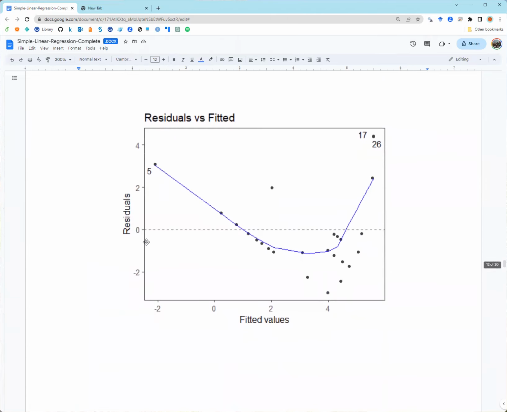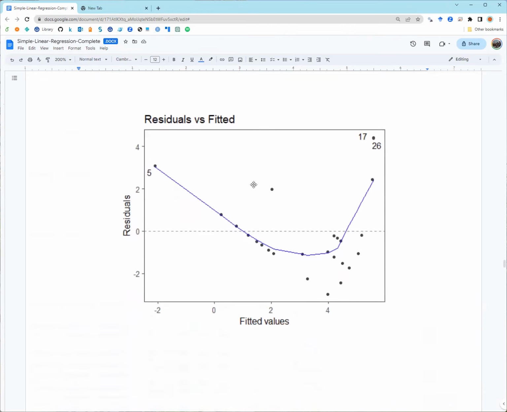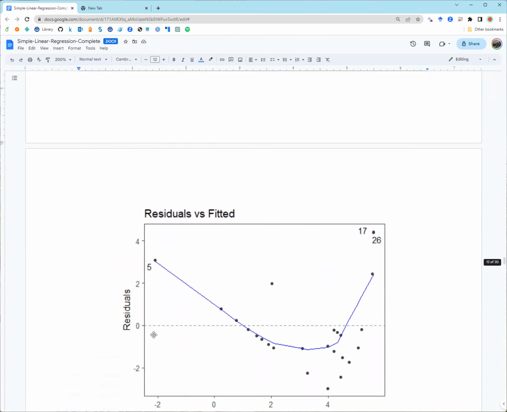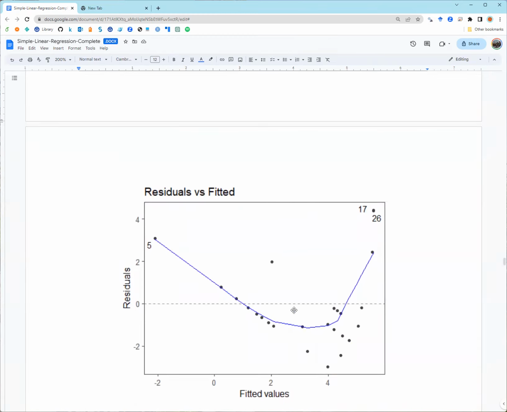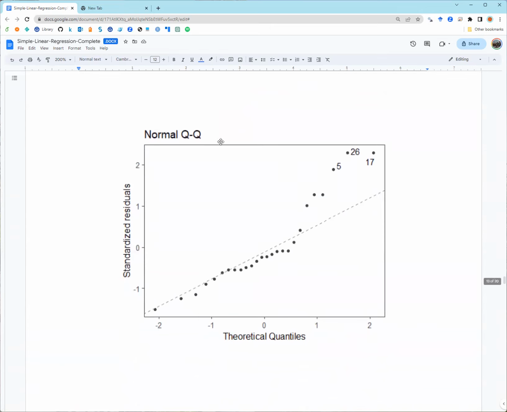All right, so looking at some diagnostic plots, some visualizations that help us assess if these assumptions are met. We have a residual by fitted value plot. This is what we will use to check for homoscedasticity and independent errors. We have a normal quantile plot, which is what we'll use to check the normality assumption of the residuals.